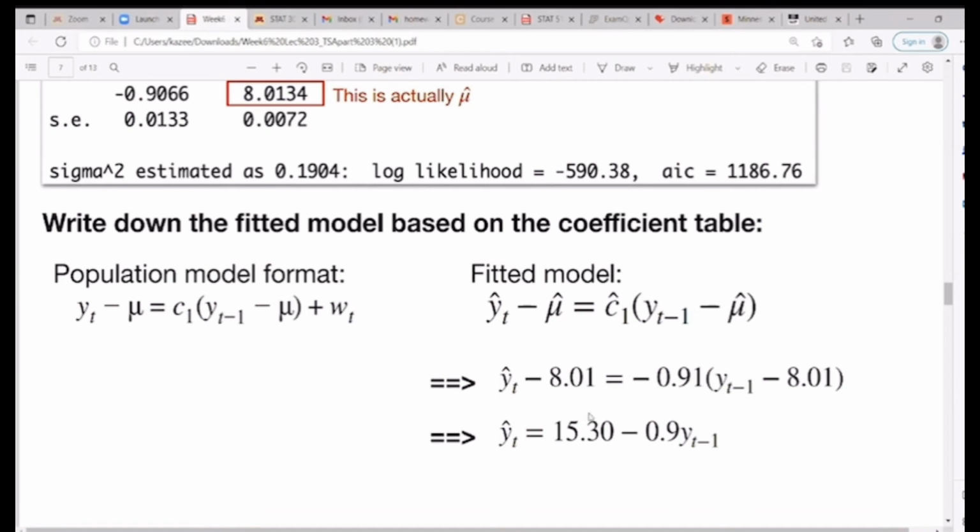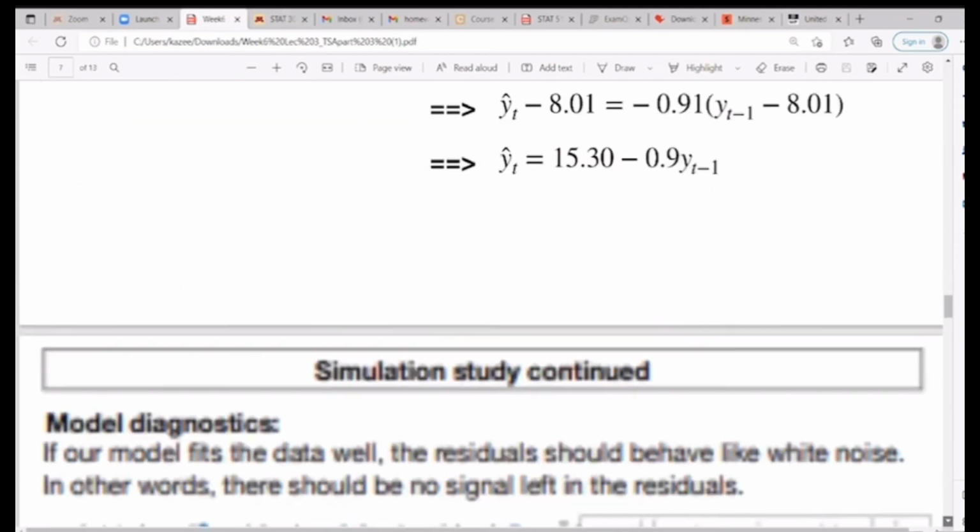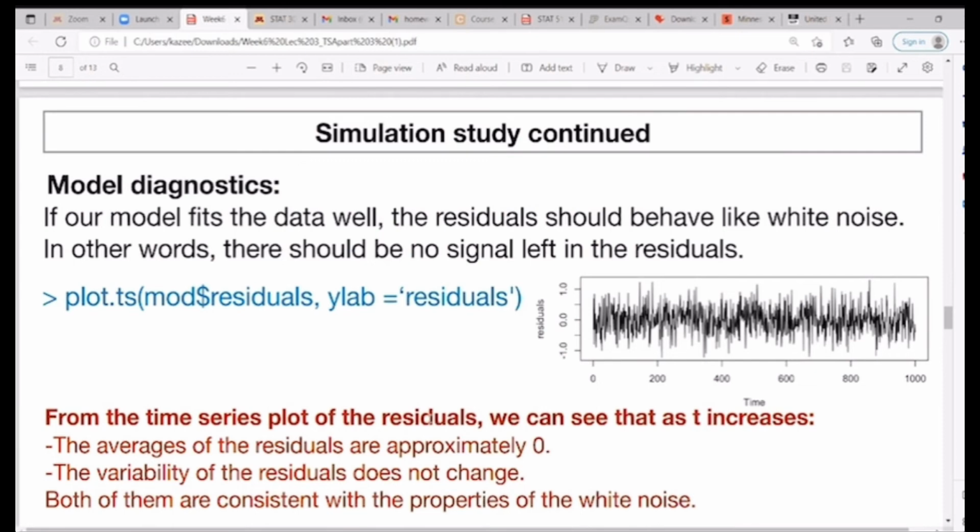We're going to do the same here. Before I can use it to make a prediction, I need to investigate whether the model is fantastic or not, and that's what I call model diagnostics. If our model fits the data well, then we expect the residual to behave like white noise.